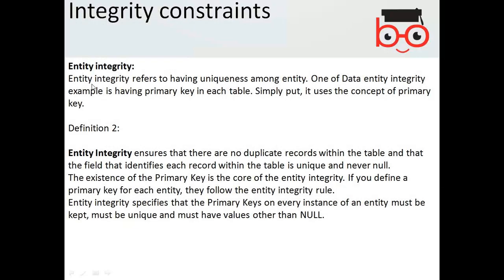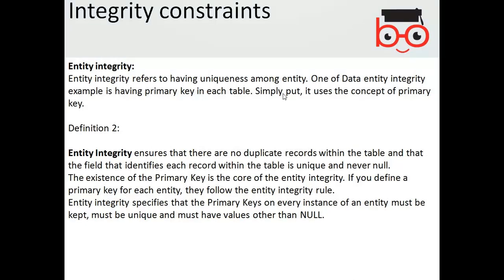Entity integrity refers to having uniqueness among entities. One example is having a primary key in each table. So an entity having integrity means the primary key integrity is basically the entity integrity.